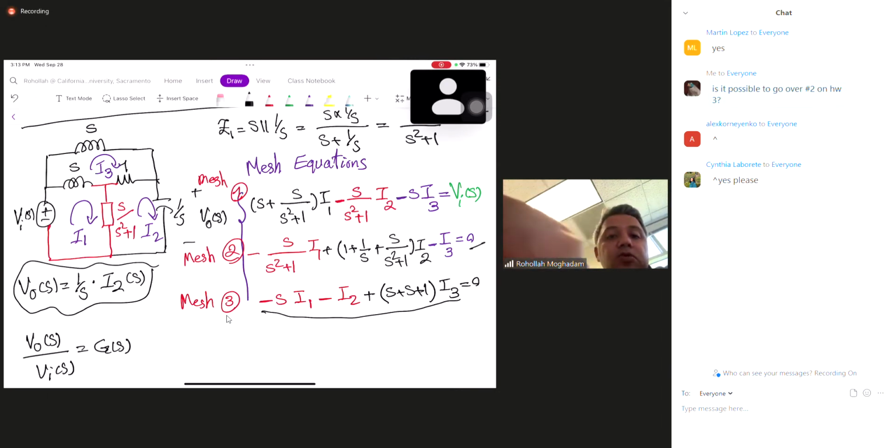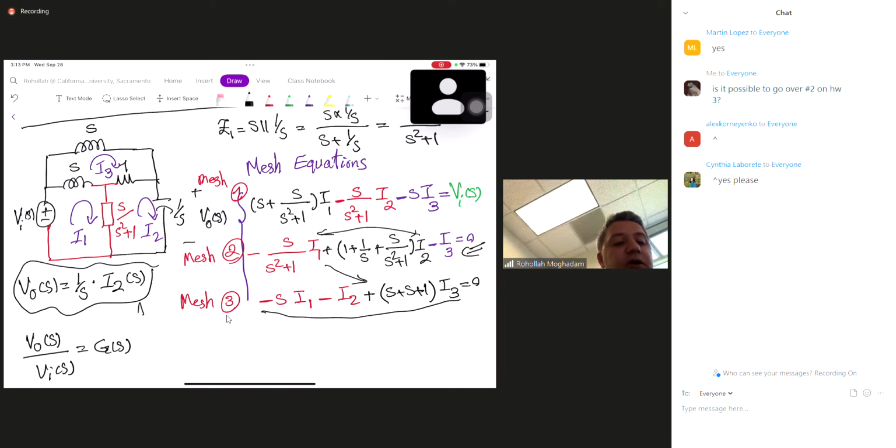Or from this equation, you can write an equation with respect to I3 in terms of I1 and I2, all right? And then once you have found it, put it over here, then you can find I1 in terms of I2, all right? Then you can replace I1 and I3 in the first equation and then find the transfer function.